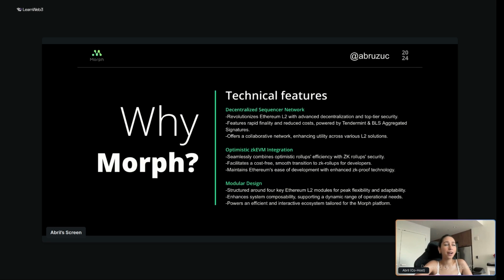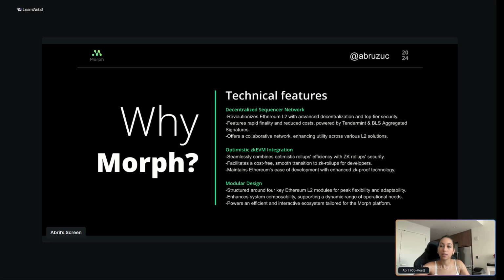So I will say we are pretty different from other L2s because we are the first L2 that integrates decentralized sequencers. So basically, the decentralized sequencer network is responsible for both consensus and execution of smart contract operations. Basically, the sequencer network orchestrates, processes, and achieves consensus on layer 2 transactions. And then we have the optimistic zkEVM.